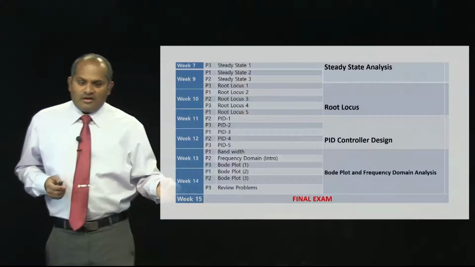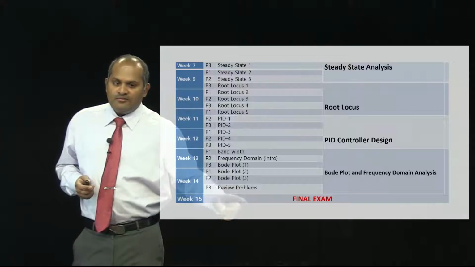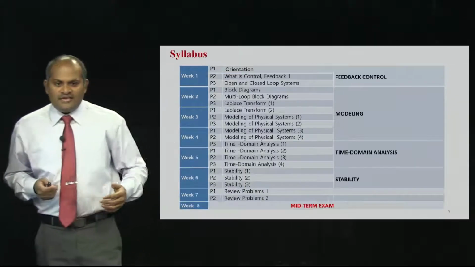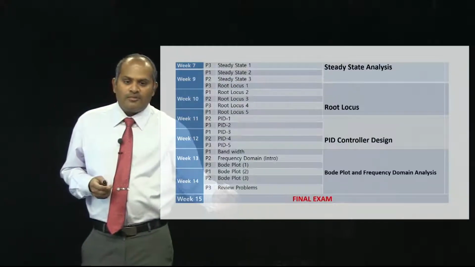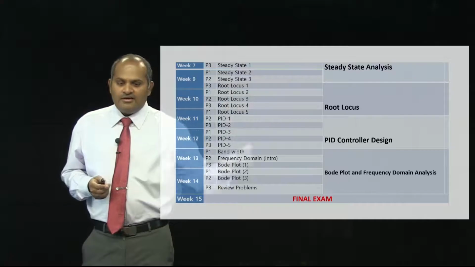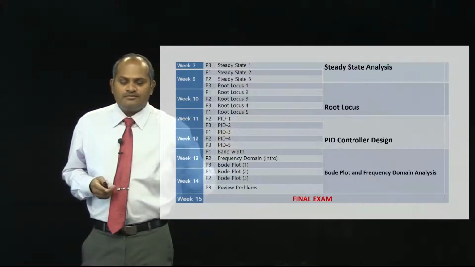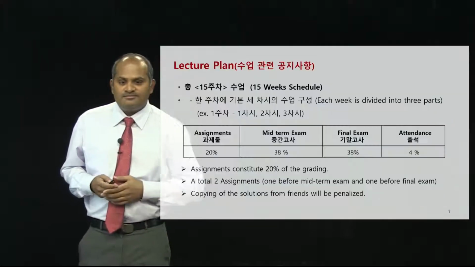In the last part 3 we have review problems and a concluding lecture. In week 15 finally you have the final exams. So, this is the structure from week 1 to week 15 for your automatic control. For each session we have a video session. So, week 15 completes the course.